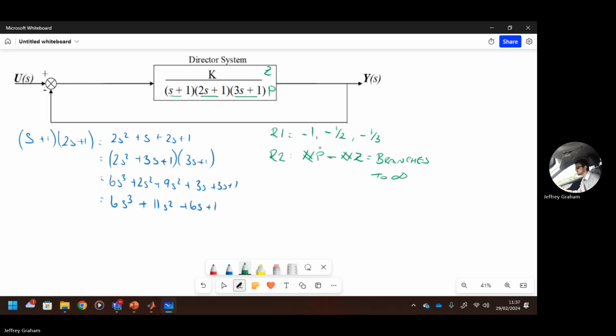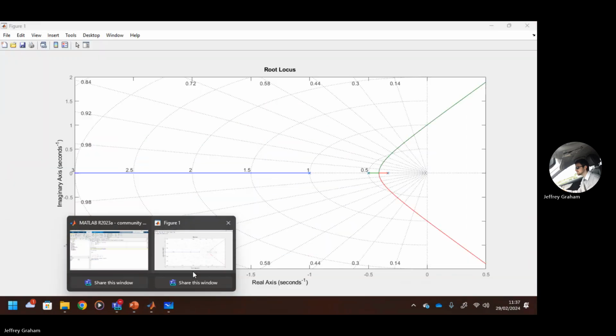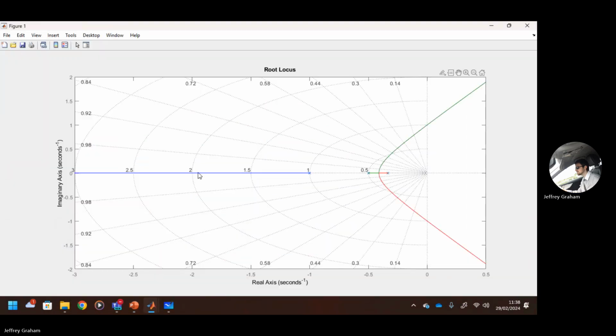Right. In our system, we've got 1 pole, 2 poles, 3 poles. We've got no zeros, so all three of these branches should go to infinity. Number 1, number 2, number 3. So all 3 just keep on going.